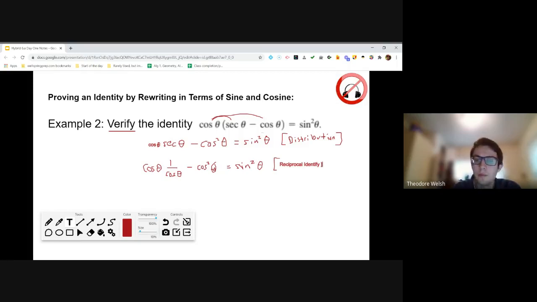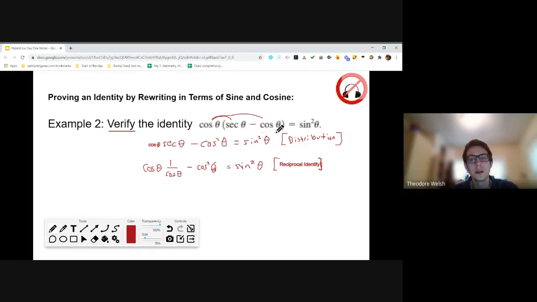I performed that reciprocal identity here, converting secant to 1 over cosine. As I look over the descriptions, I should be able to make those connections. If I'm someone random reading this, I should see that the difference is we go from secant to 1 over cosine and use the reciprocal identity.